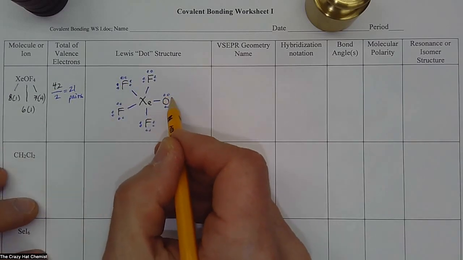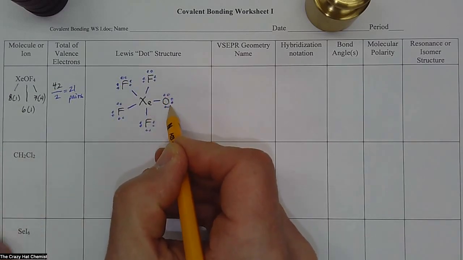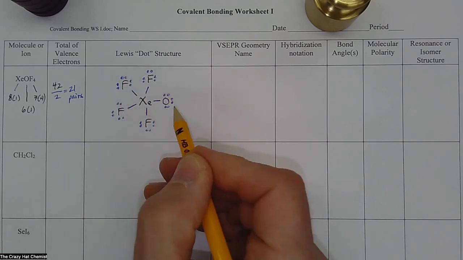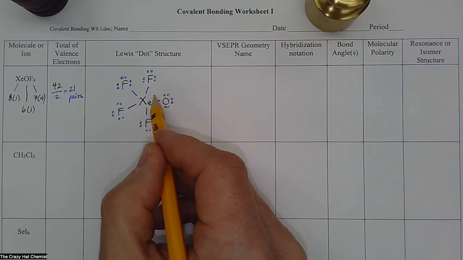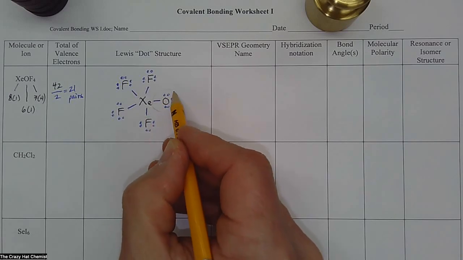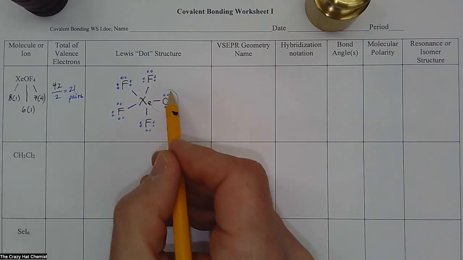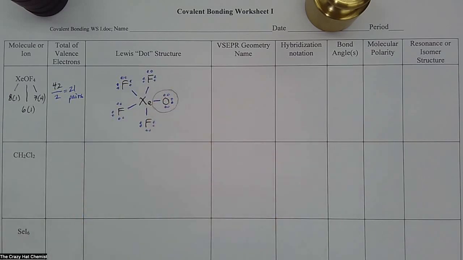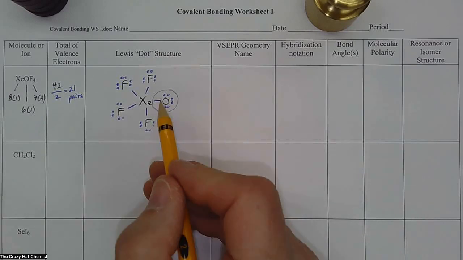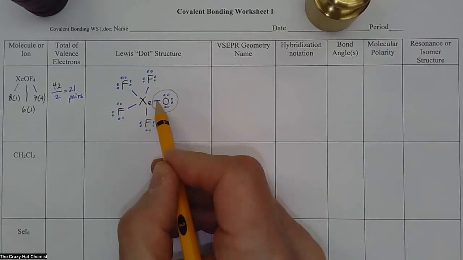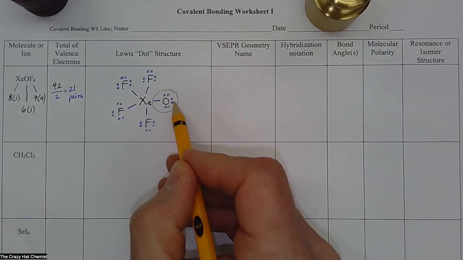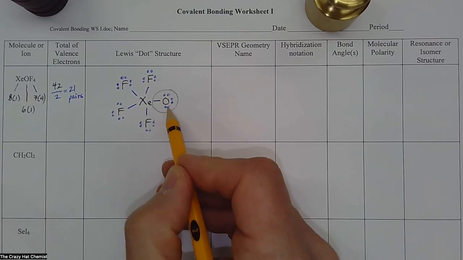The reason I stopped at 3 lone pairs of electrons around each of the oxygen and each of the fluorines is that in your mind, you're going to circle each element here. And that light circle that I'm drawing here in pencil is not something that you actually physically write down. You just think about it. And I'm going to count up 2, 4, 6, 8, or 1, 2, 3, 4 pairs, 8 total electrons.